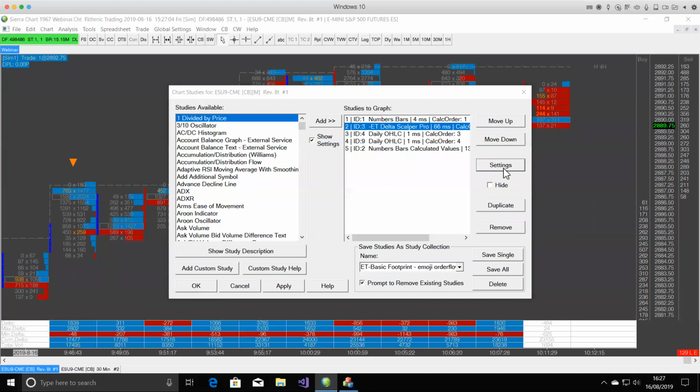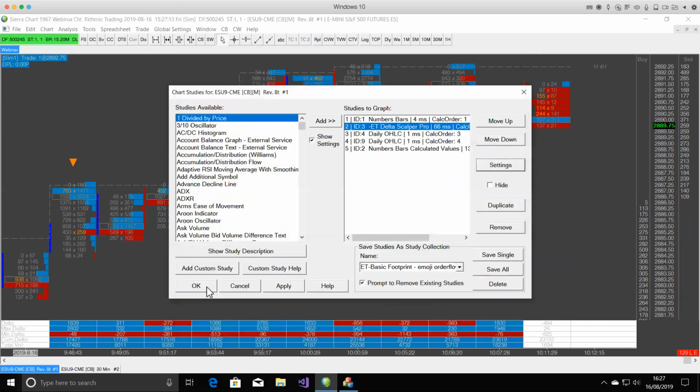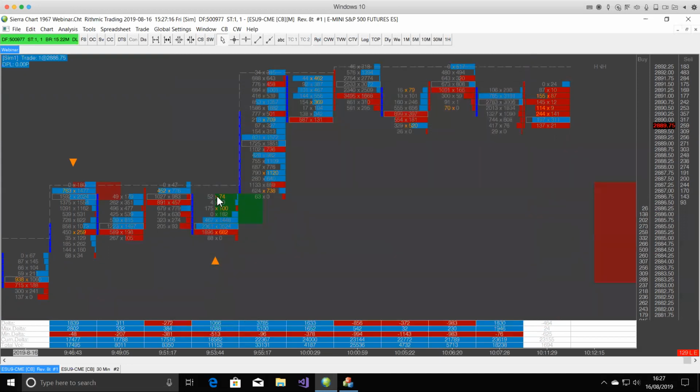What Delta Scalper Pro will do, if I turn on some emoji zone visualization, just for simplicity, I'll use fixed projection for now, is highlight the price range that caused the delta to change. So now, within this candle, which is an aggregation of trading over a time period, we can see the range of prices where the delta really spikes up or spikes down.